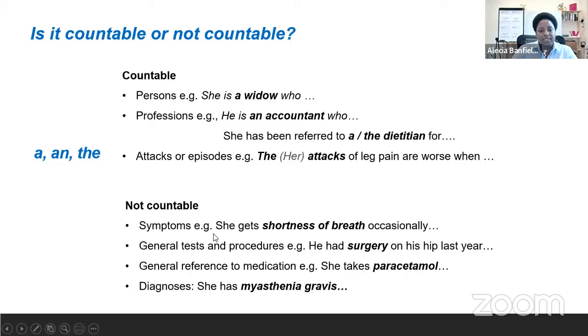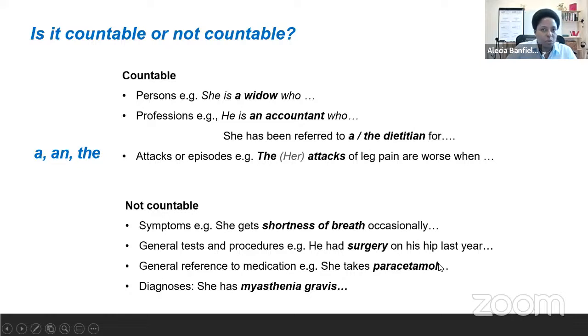Or they may be not countable. So symptoms, for example, she gets shortness of breath occasionally. Notice that there is no article there. Or general tests and procedures. He had surgery on his left hip. That's just a general procedure he underwent. Or a general reference to medication. She takes paracetamol.